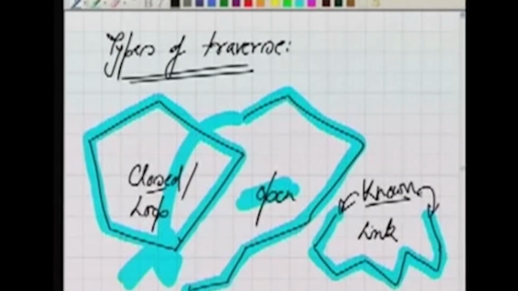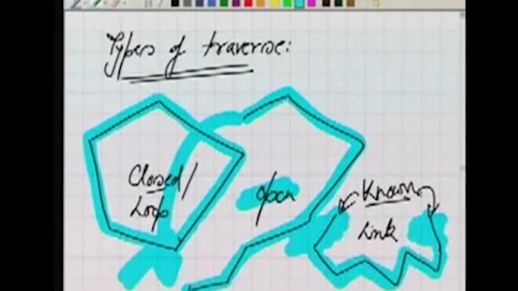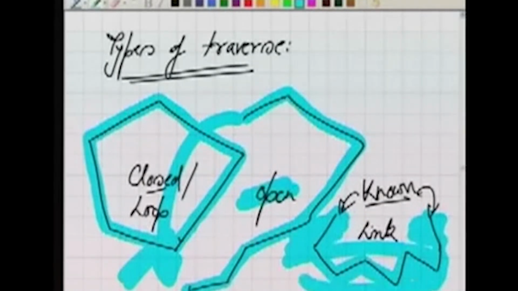Known means these two lines have been done using some more accurate survey. Similarly, this line has been done using a very accurate survey. Now we are starting this traverse by connecting our open traverse with these links. We will see the advantage of this in a moment.